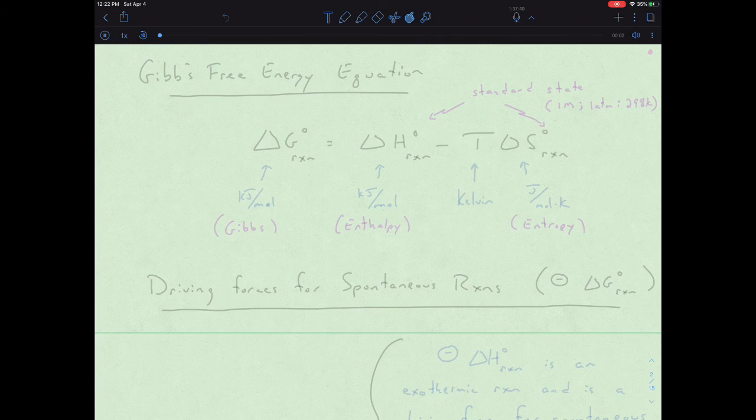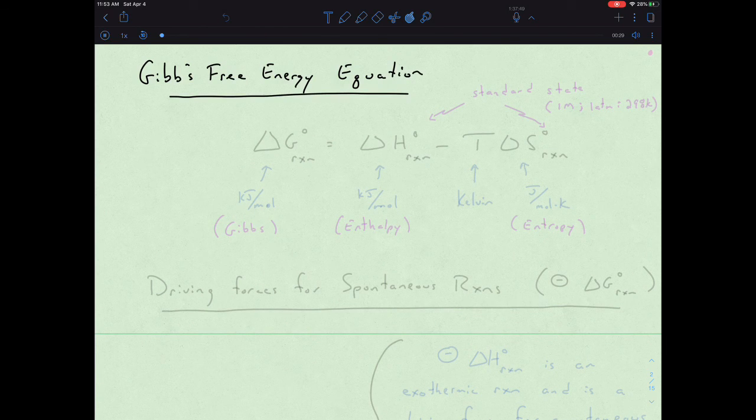So now that we have an idea of how signs of delta G relate to spontaneity or non-spontaneity, from this relationship of the universe, we can now start looking at the Gibbs free energy equation. We've had this up in the past, but we can do it again. It looks like this, right? Where we still have this notion of standard state.